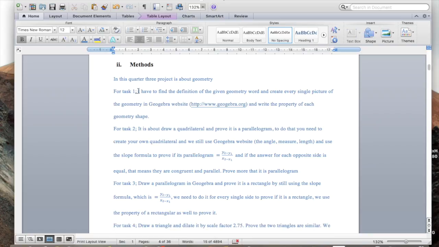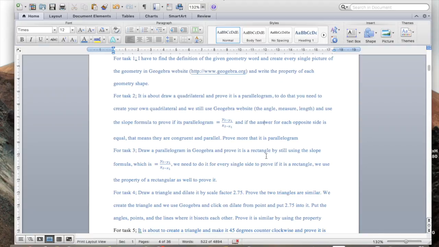For task 1, I have to find a definition of the given geometry words and create every single picture of the geometry in the GeoGebra website. And here's a link for this website if you want to use it. And for task 2, it's about drawing a quadrilateral and proving it's a parallelogram.